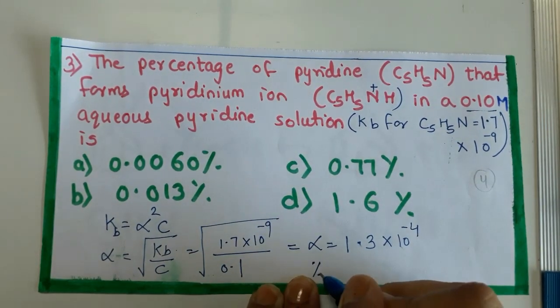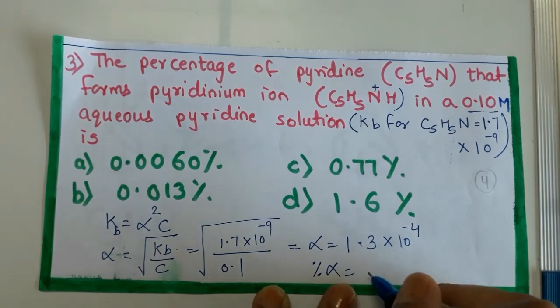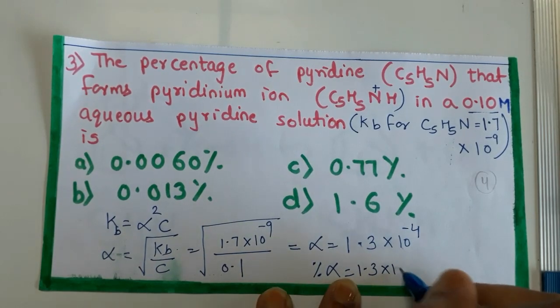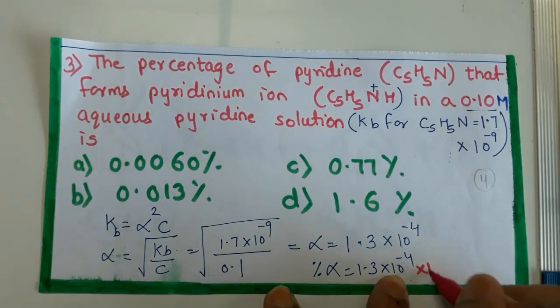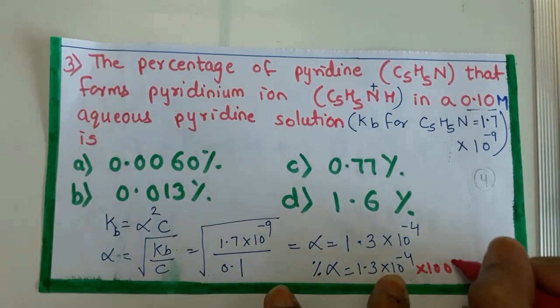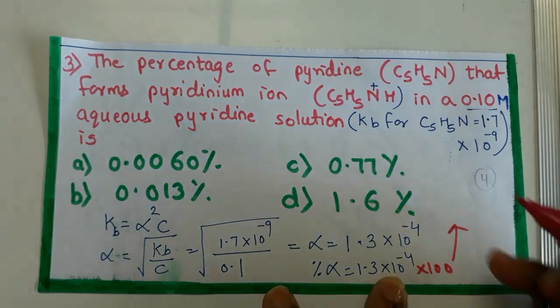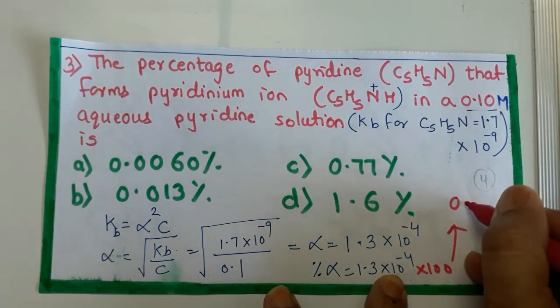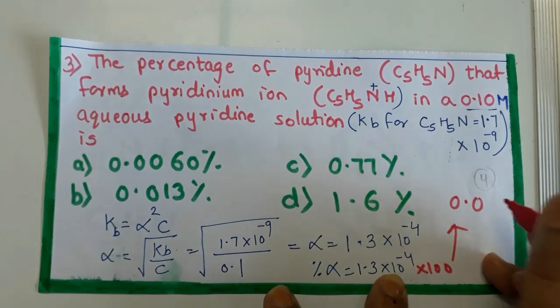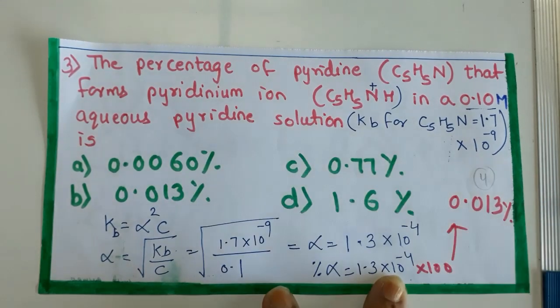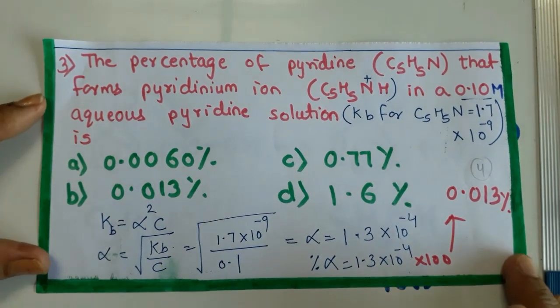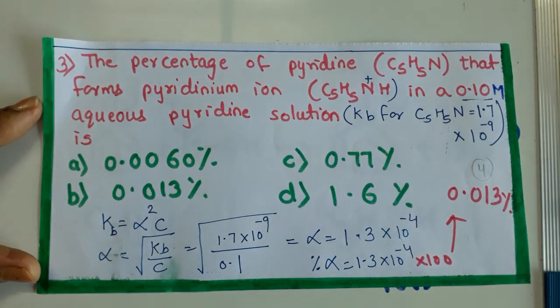It means they are asking the percentage of alpha, which means 1.3 into 10 raised to minus 4 multiplied by 100. So our answer would be 0.013 percent. I hope you have understood this particular question.